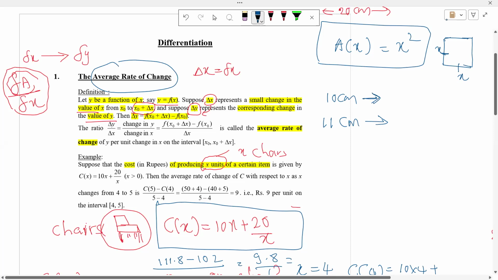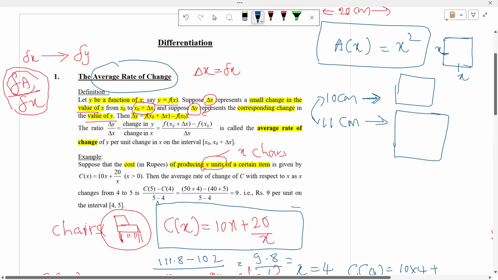So 10 centimeter means he gets a specific area. Another person creates another square with 11 centimeter. If you find the difference between these two, that is the average rate of change.